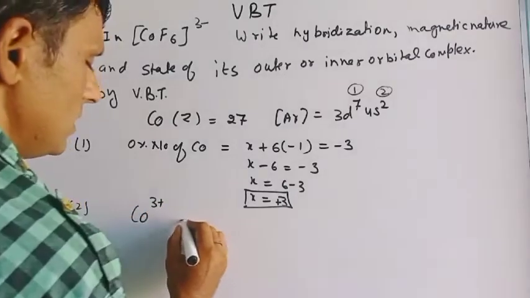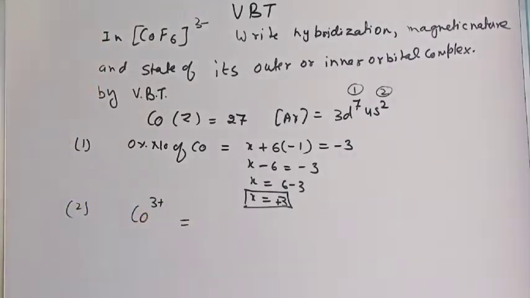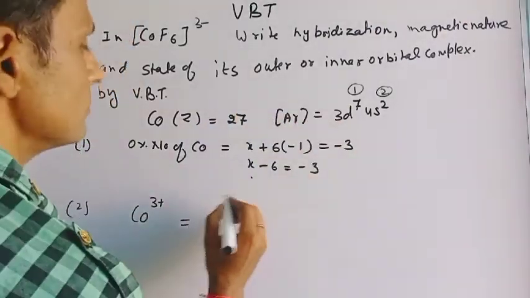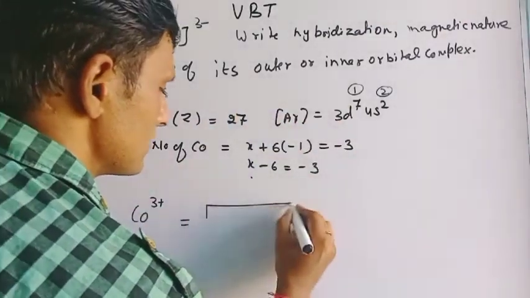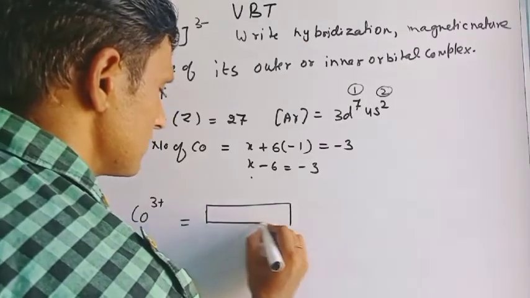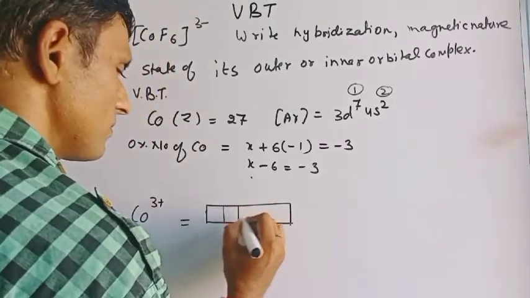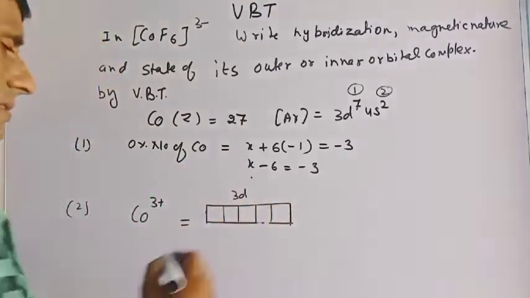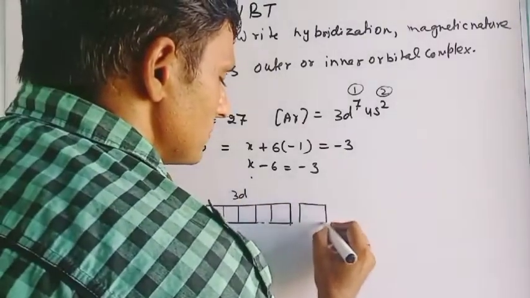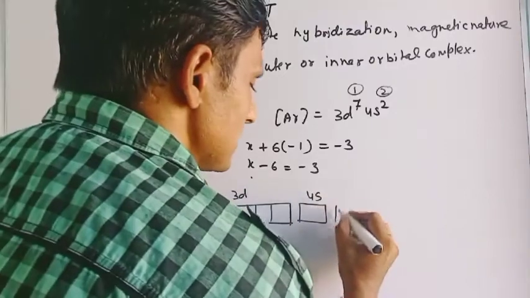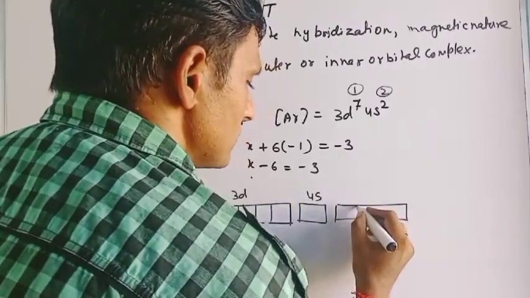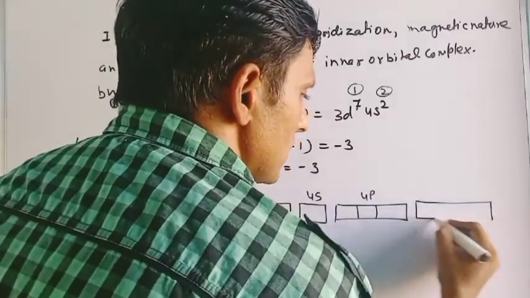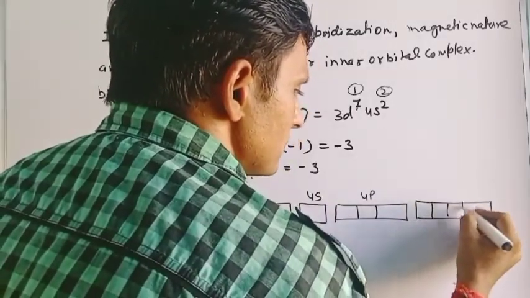So the configuration of Co3+ is: 3d orbitals, 4s, 4p and 4d.